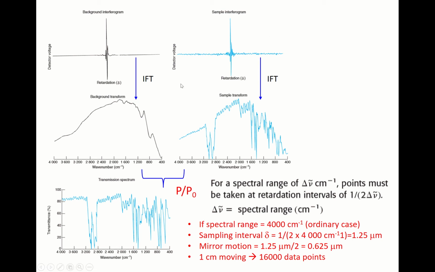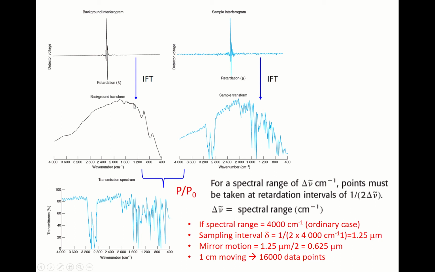Now it's a real experiment with a real sample. These upper figures are interferograms. First you observe the reference interferogram like that. This is a typical shape of an interferogram, and the inverse Fourier transformation gives this kind of spectrum.